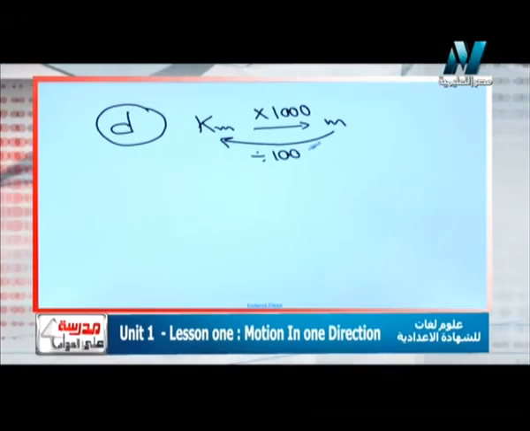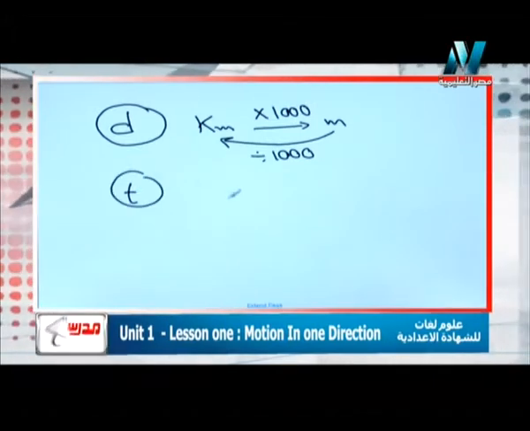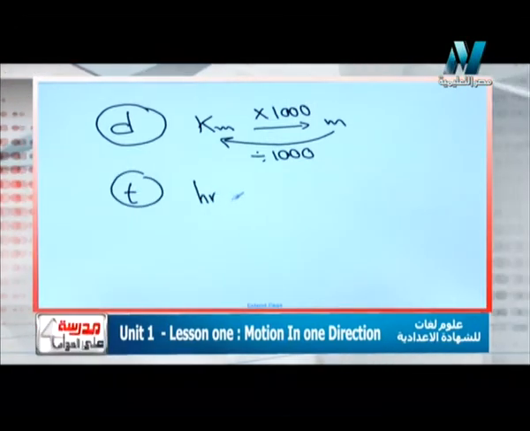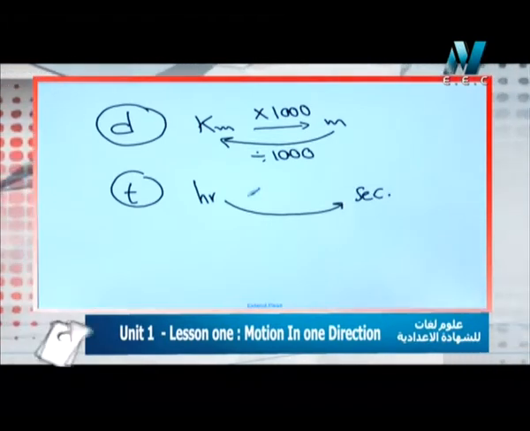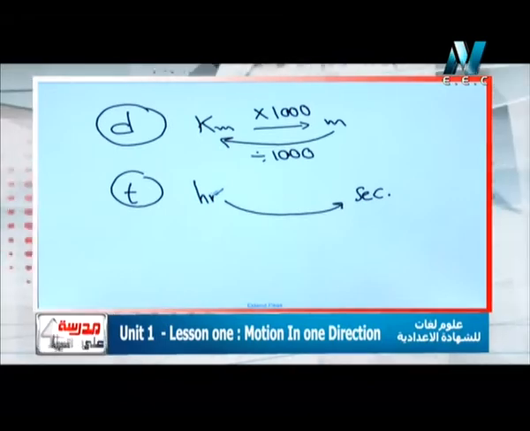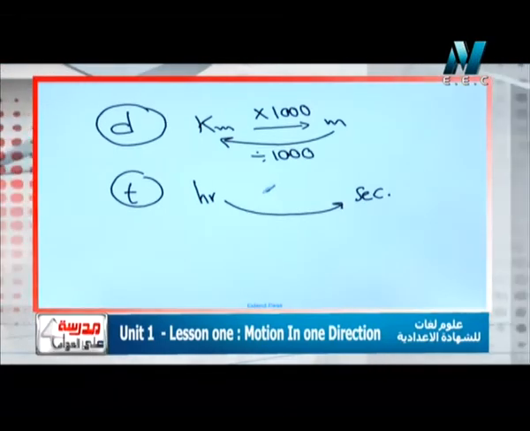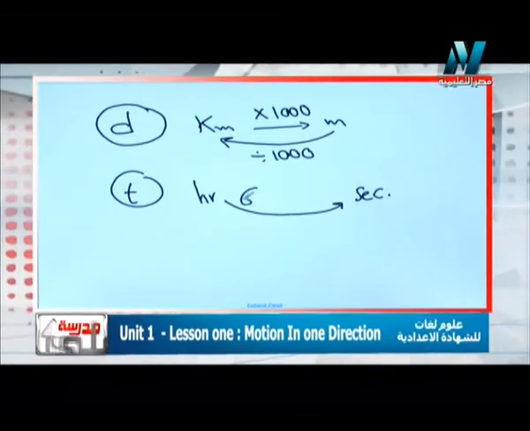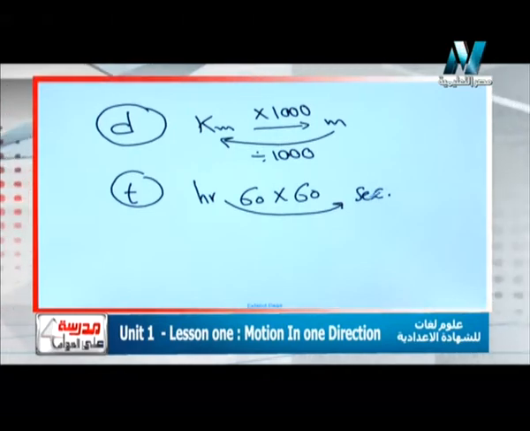Okay, but time here, from hour to seconds, we multiply. Hour contains 60 minutes, and each minute contains 60 seconds. So we multiply 60 times 60 to convert from what?